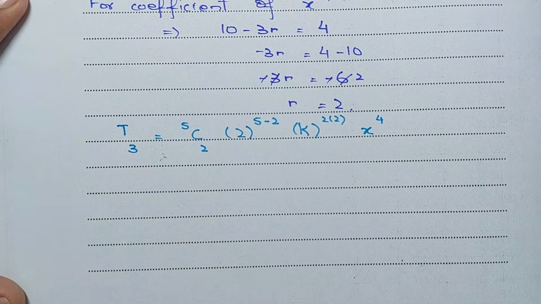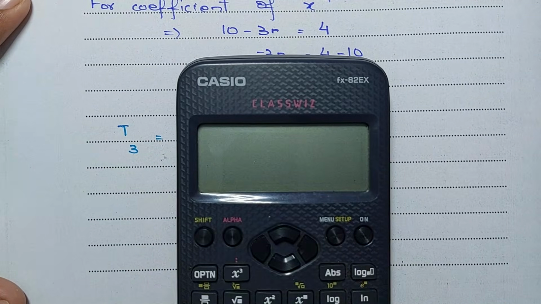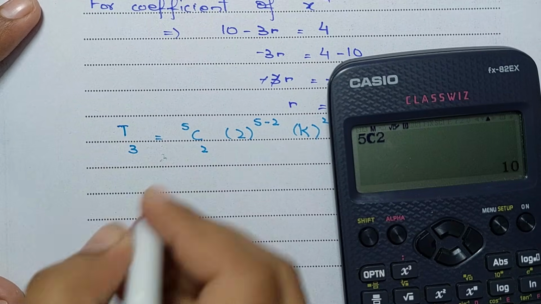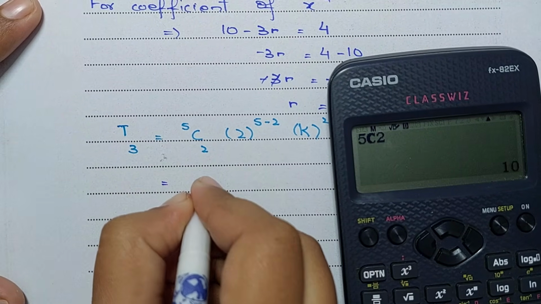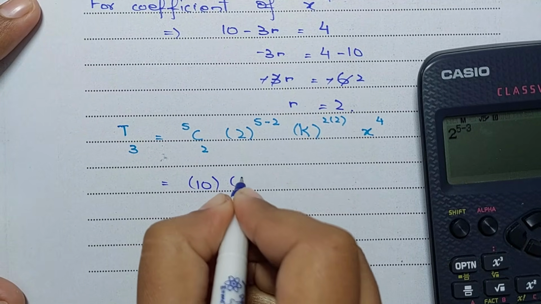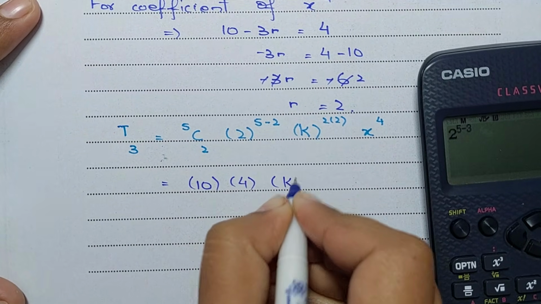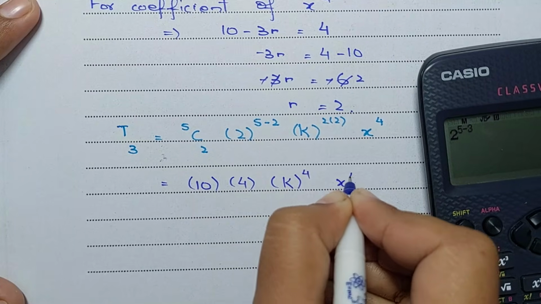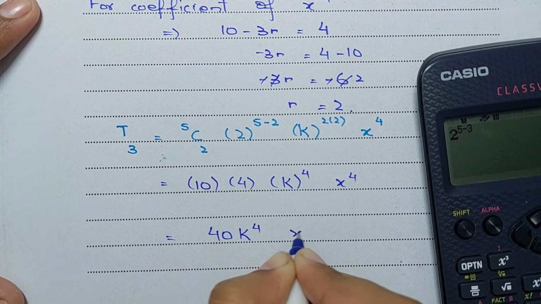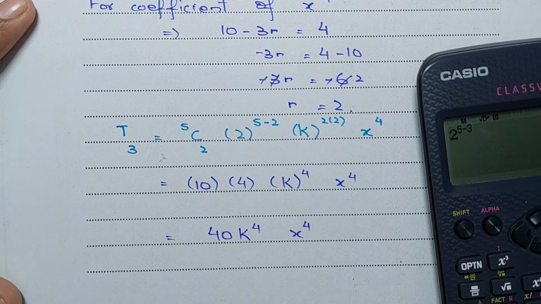Okay, now let me simplify this. 5C2 is 10, and 2 to the power 5 minus 2 would be 8, and here k to the power 2 times 2 is 4 and x4. So this is 80 k4 x4, right?